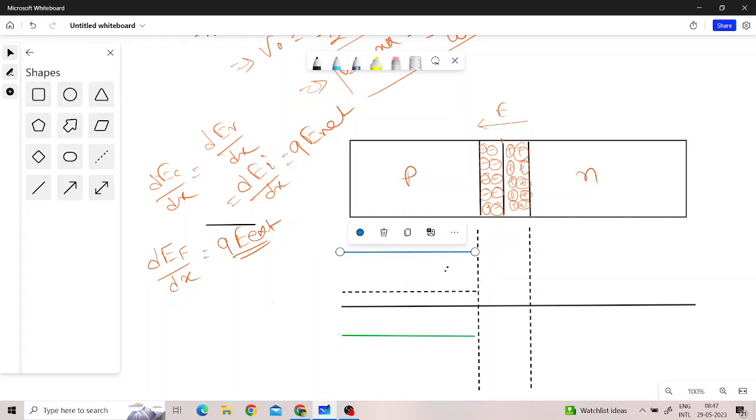In a similar way, we also know in the case of an n-type semiconductor, the extrinsic Fermi level lies above the intrinsic Fermi level, and closer to the conduction band.